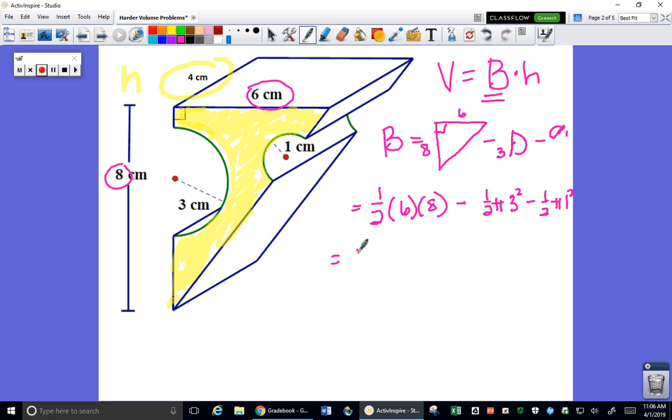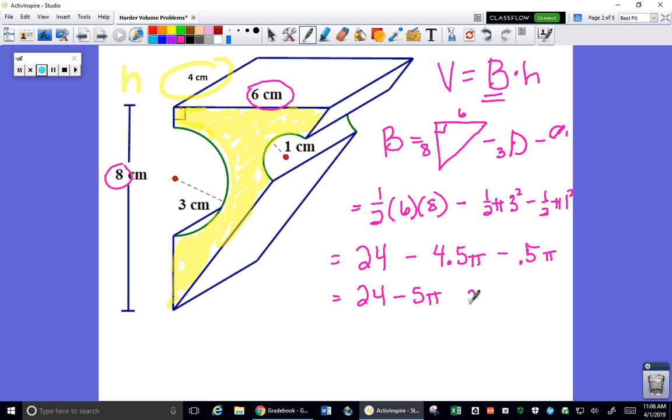So let's see, that's 48 divided by 2. 24 is the whole entire triangle. 9 pi divided by 2 is 4.5 pi. Half of 1 is just half a pi. So I have a total base area of exactly 24 minus 5 pi.